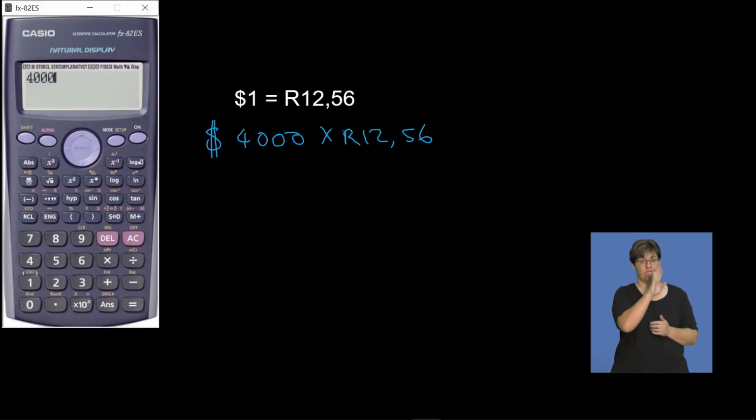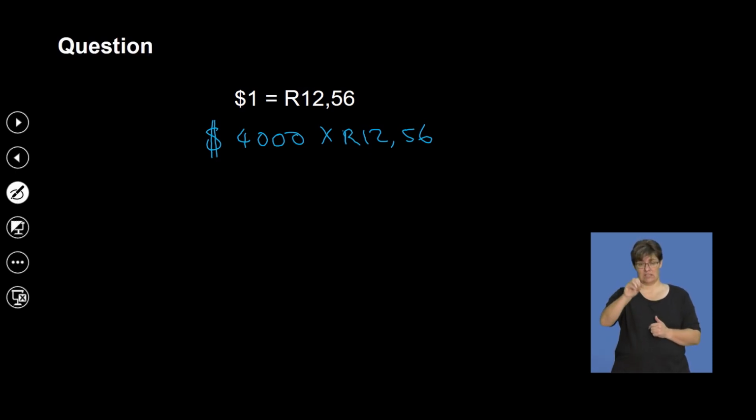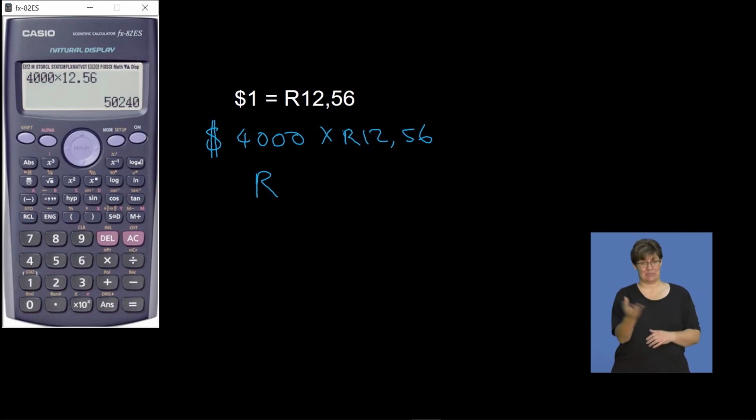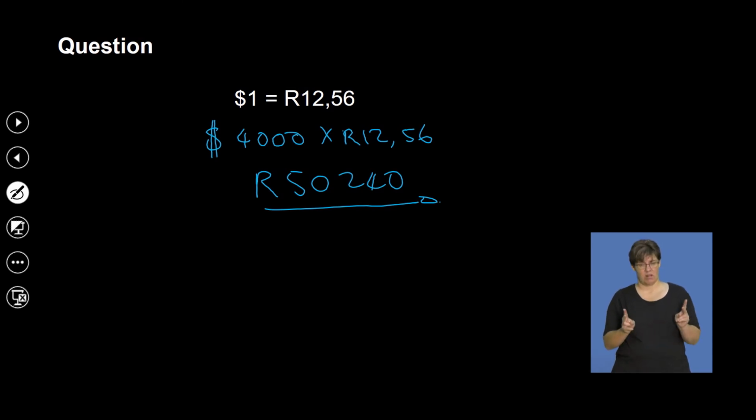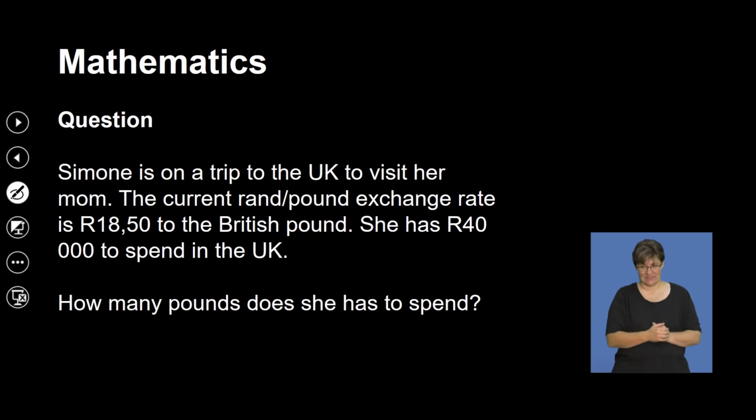So it's 4,000 multiplied by 12 rand and 56, and this will give me 50,240. So hey, the DJ equipment is really expensive there. So that's 50,240. Although we know that they normally make us stands, so we do understand why it would be that pricey.